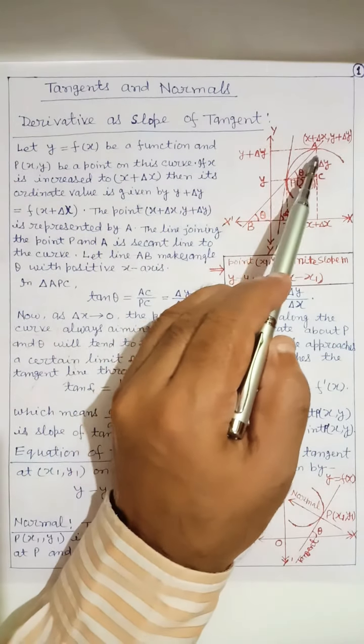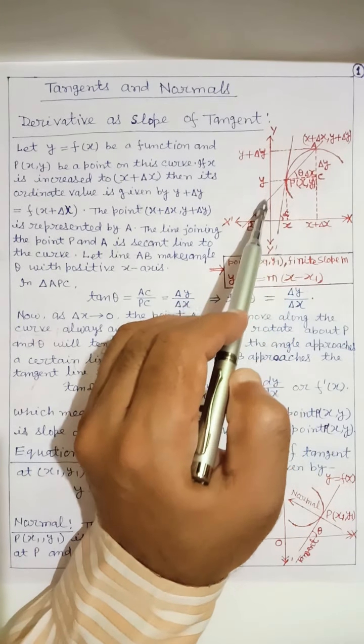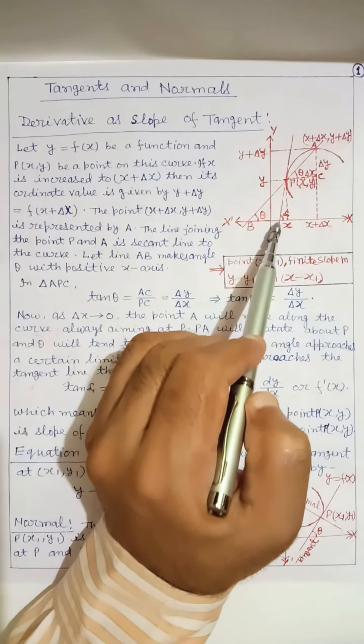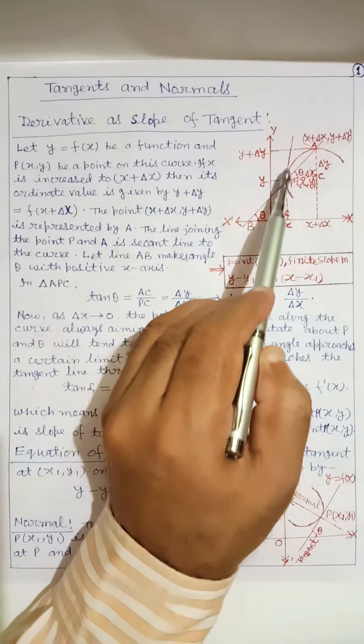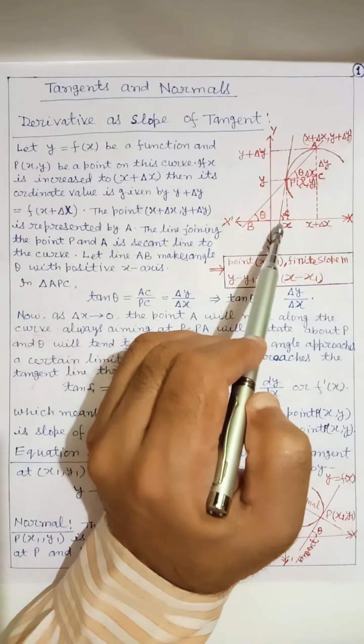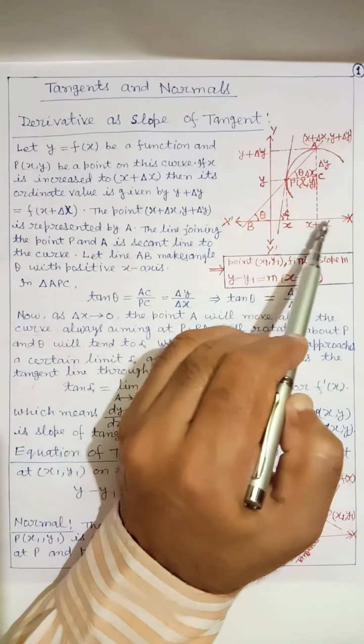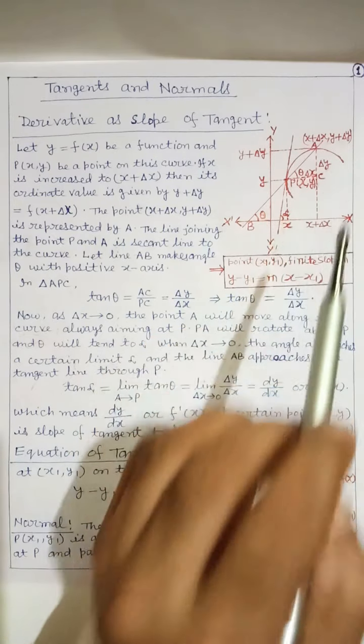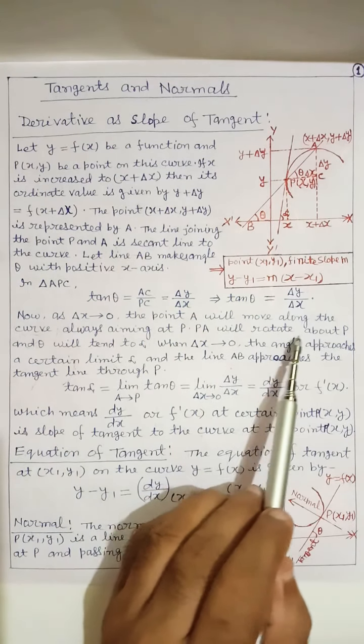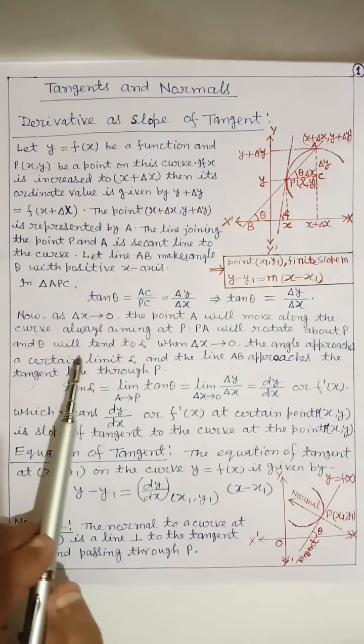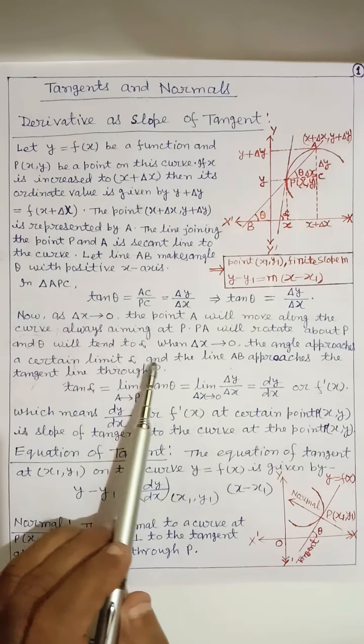Means this line becomes this line, and in this case this line makes angle alpha with the x-axis.